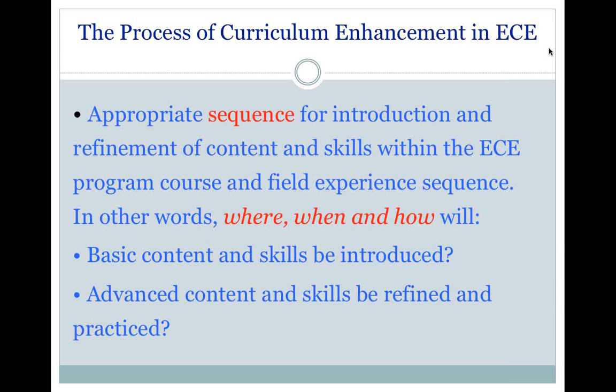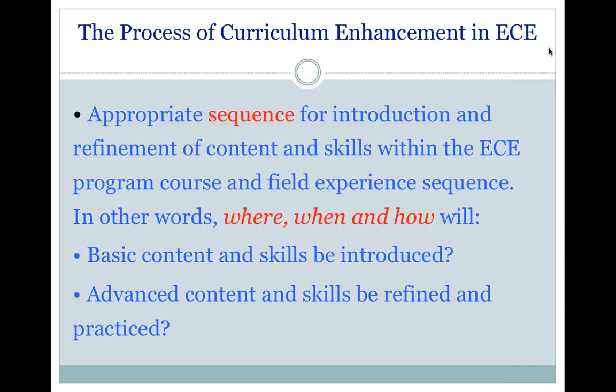We need to identify where this is going to occur in the curriculum, in courses or in field placements, and when, early on in the 1,000-level courses or up in the 2,000-level courses, and how.